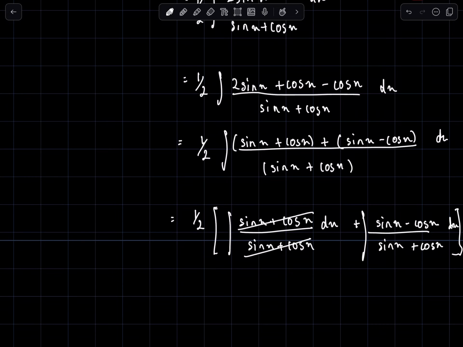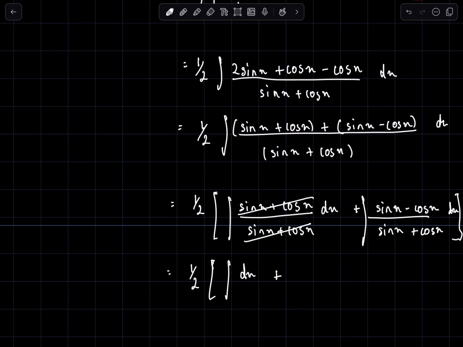Now this is interesting. This reduces to 1, so that is good. So we have half of, again, the integral dx plus, now this is interesting because like I said, if you looked at the previous video, which is in the description down below, where we solved question number 24, I believe, we took the denominator and equated it to t.